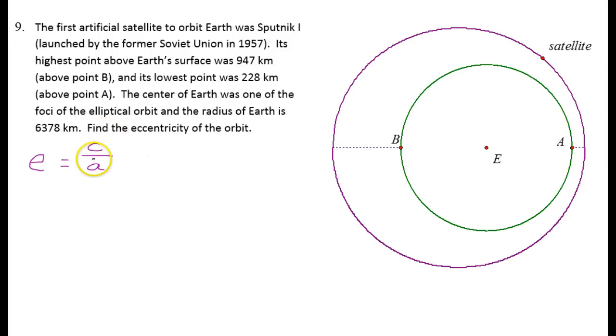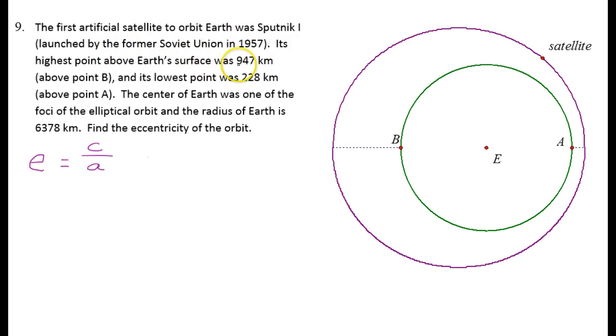So I need to find both of those things. The thing that's jumping out at me is I don't know where the center of the ellipse is right now. C is the distance from the center to a focus. A is the distance from the center to a vertex. If I don't have a center, I'm out of luck. So let's figure out what that is.